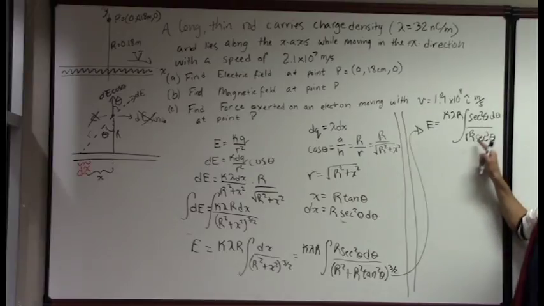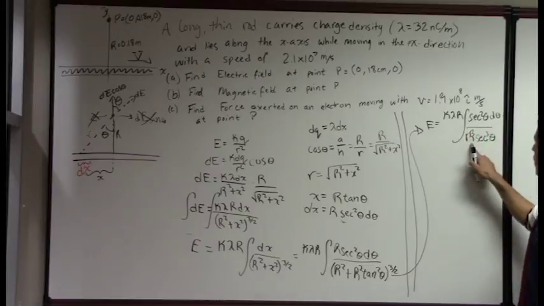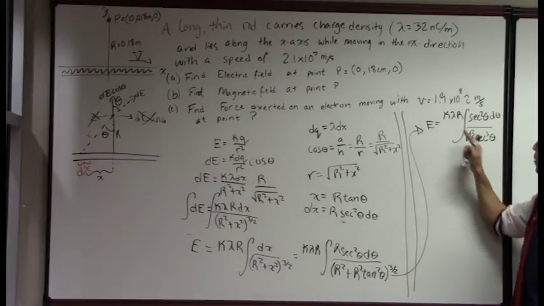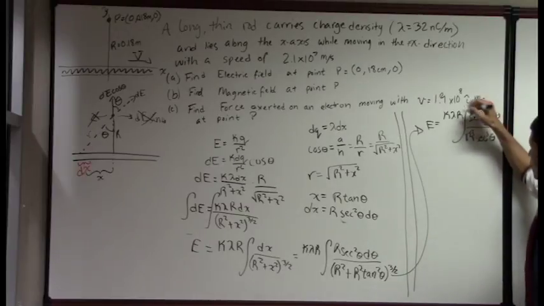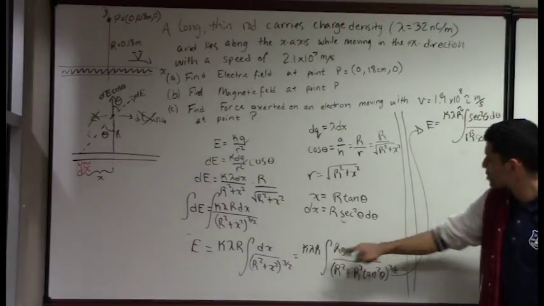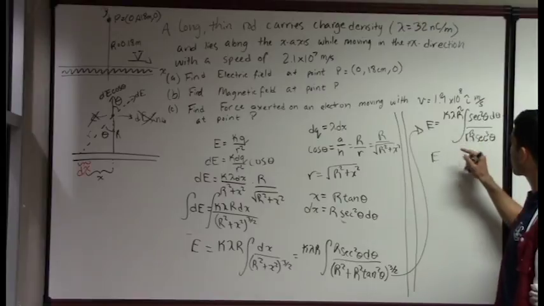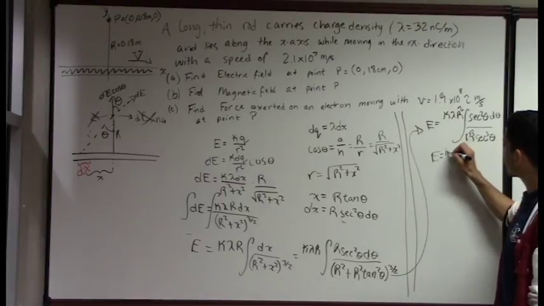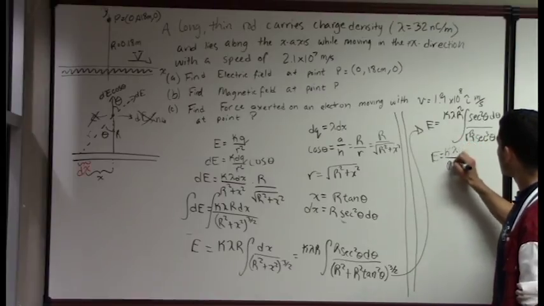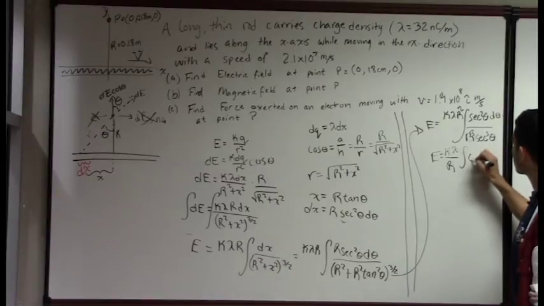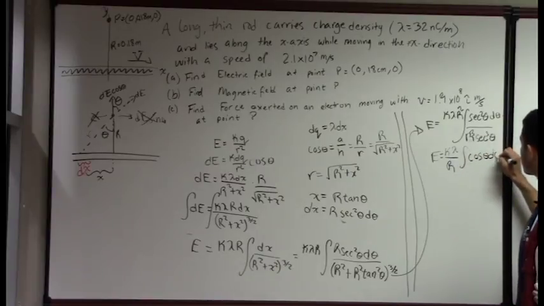Then we can further simplify this. I'm sorry, this should be a squared, right? We have 2 r's over here. So r squared over r cubed should thus be 1 over r. So we have E is equal to k lambda over r times the integral of cosine of theta d theta.